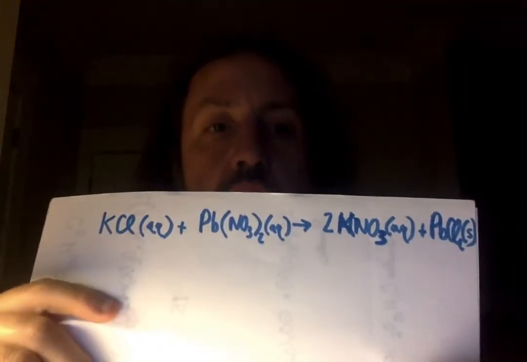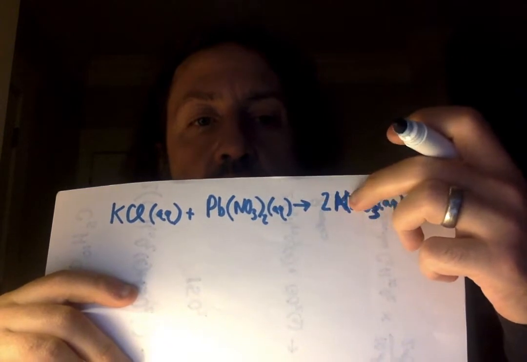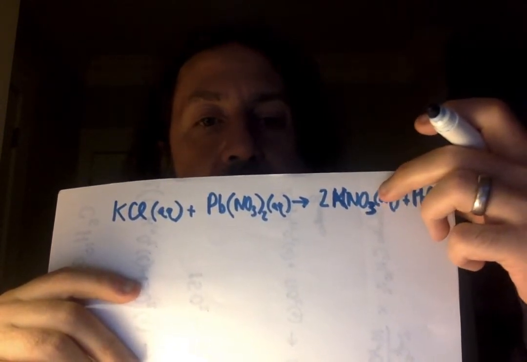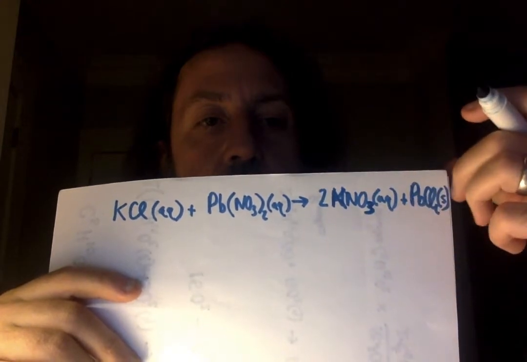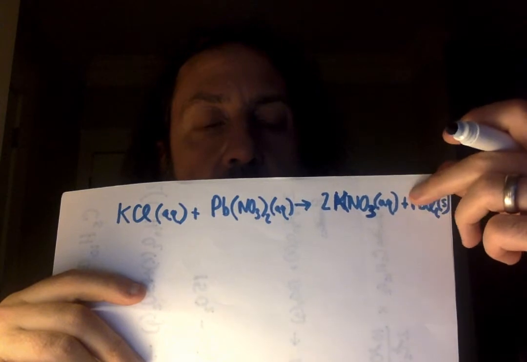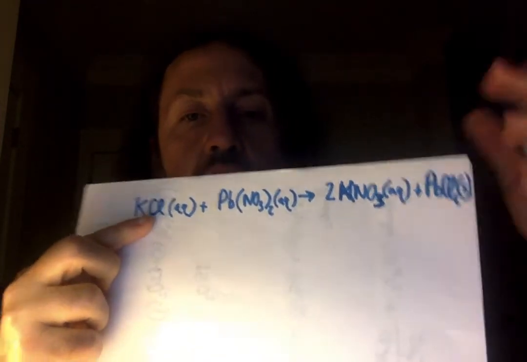So the first thing I want to do is balance the equation. When I look at the equation, I notice that I've got a 2 in front of this potassium, and I've got 2 chloride here because it's lead 2, so it's PbCl2, but I've only got 1 chloride here.